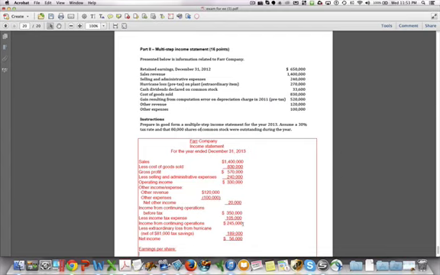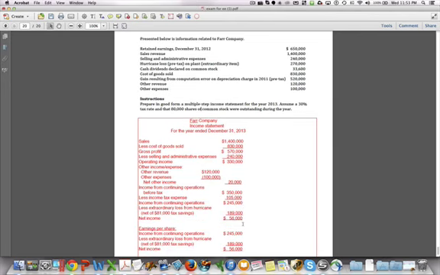And we're going to start with these. These three lines are going to be down here, so I'm going to copy and paste it there. Income from continuing operations is going to be the 245,000, that number, divided by 80,000 shares, or $3.06 per share.